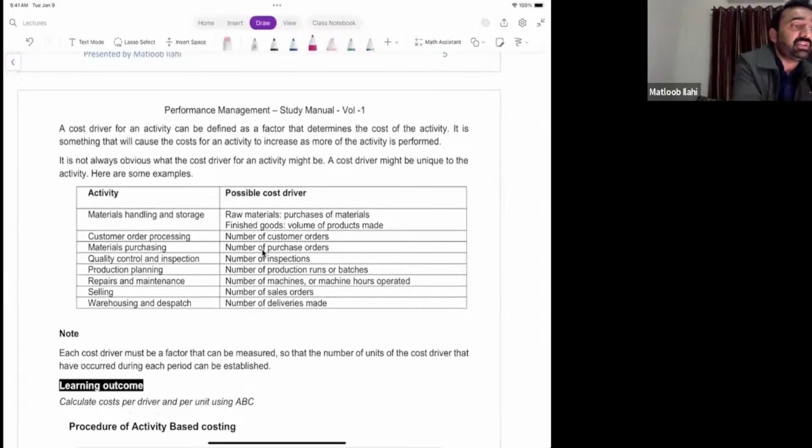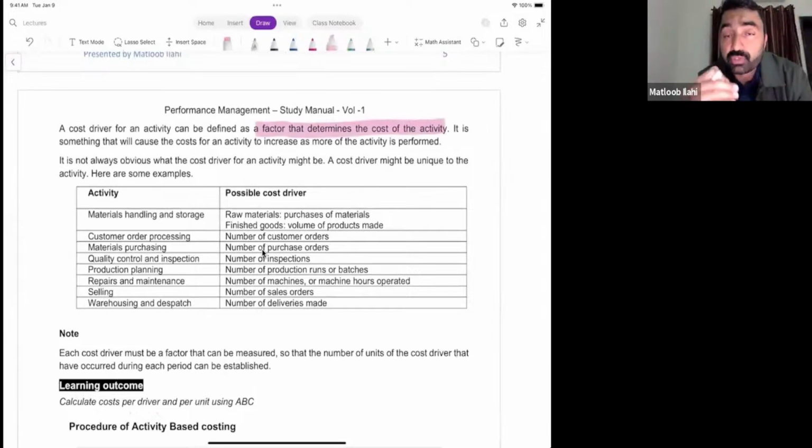The more this factor is working, the higher the cost in that activity. It is something that will cause the cost for an activity to increase as more activity is performed.